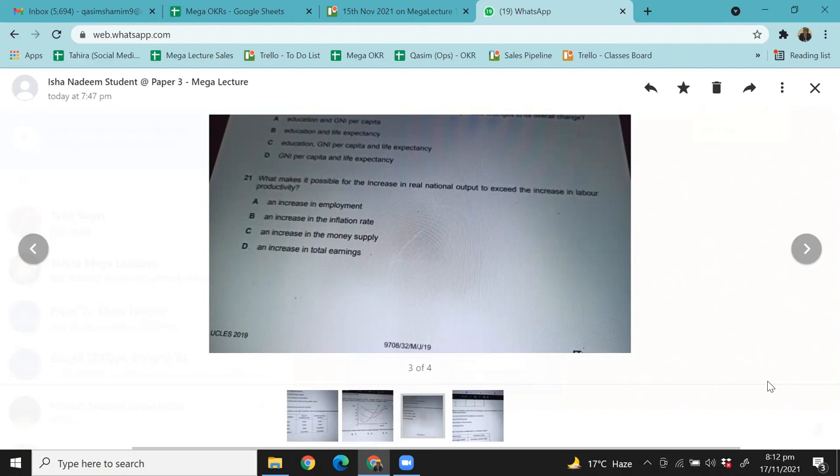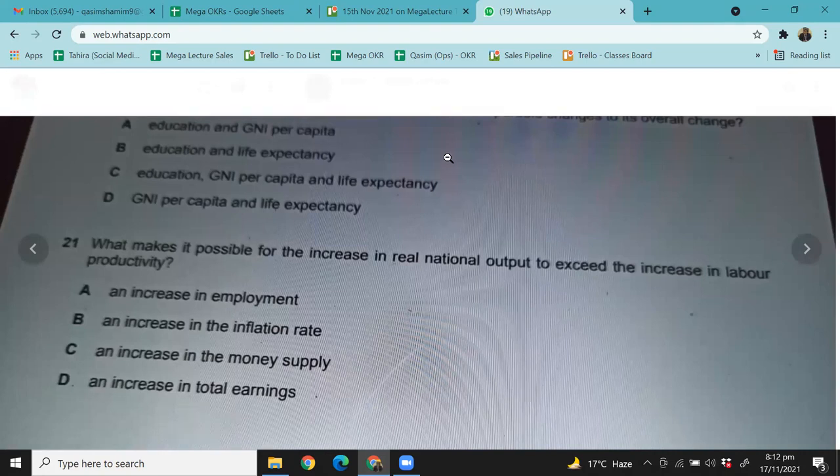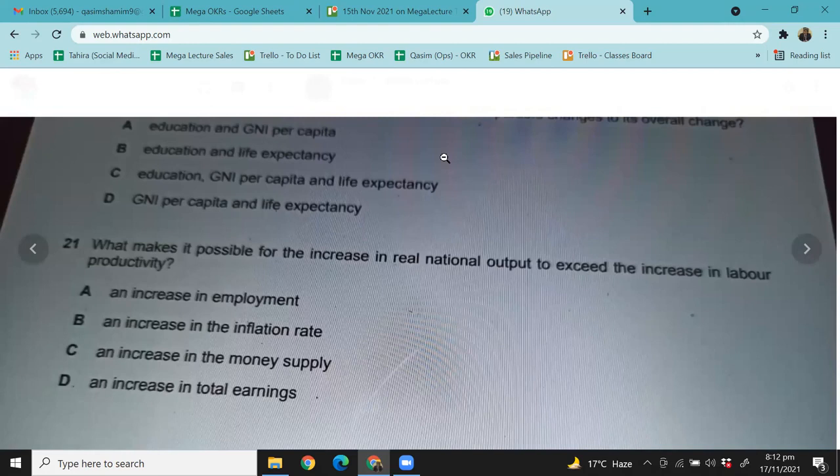So when more labor is hired, that would mean that your national GDP, your national income, will increase. So that was my reasoning behind that. If employment is increasing, it would mean that there's more output being produced, and that is why it will result in an increase in national output.